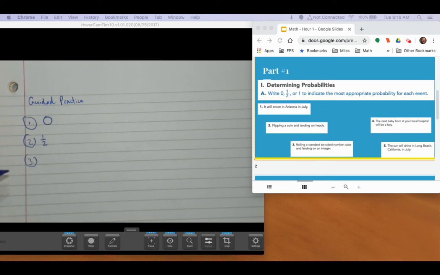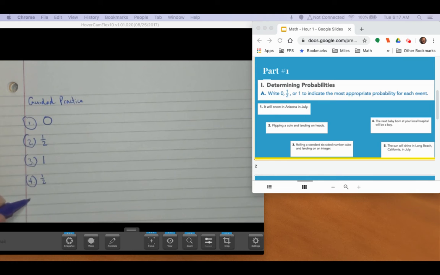An integer is negative or positive numbers, including 0. So that has a 100% chance of happening. Number 4, the next baby born at your local hospital will be a boy. That is a 50-50 chance, just about.